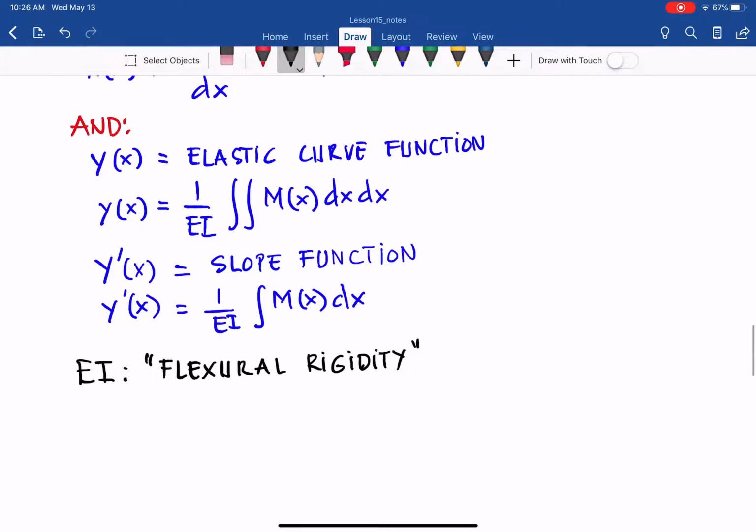So it combines both the material and the geometry to determine how hard the beam will be deflected under the flexural stress or the internal bending moment.